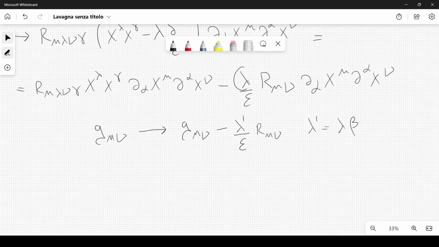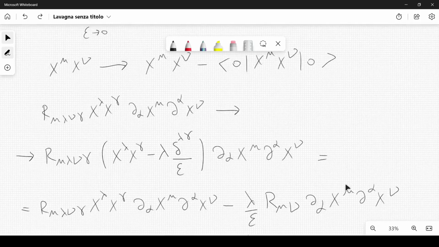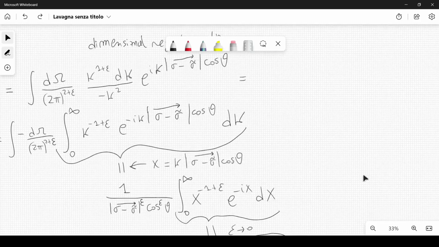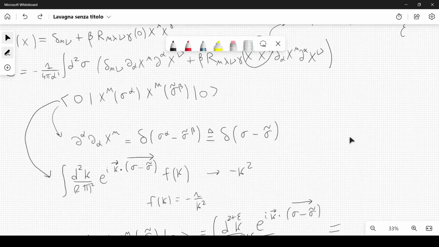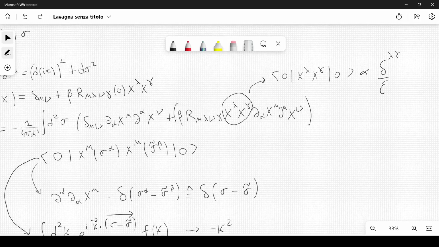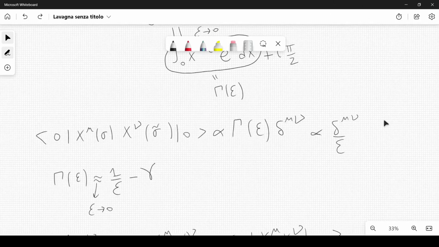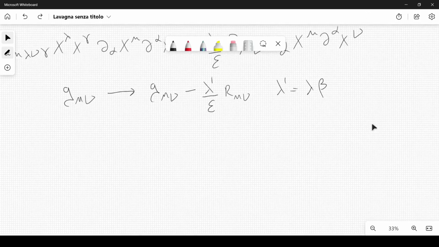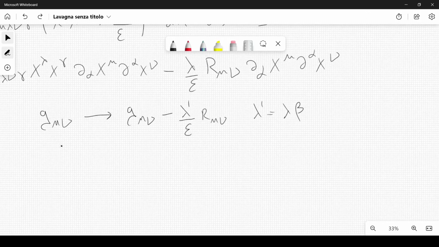So it's this lambda here multiplied by the other constant that we had in the action, and if you recall, we had beta here. So that's just a constant. It doesn't really affect our reasoning. So you can easily understand, if you followed these steps, that the g mu nu should transform like this. So we have to change the g mu nu to this if we want to remove the divergence. That's the importance of these steps.